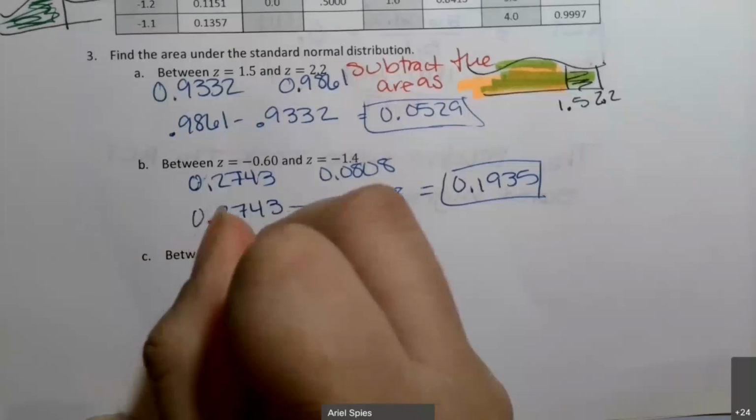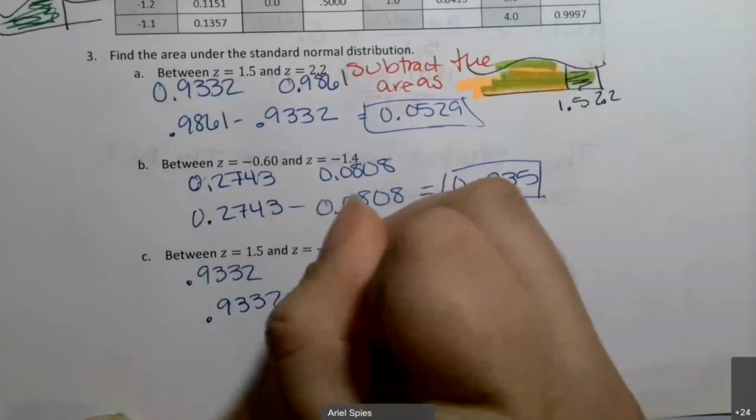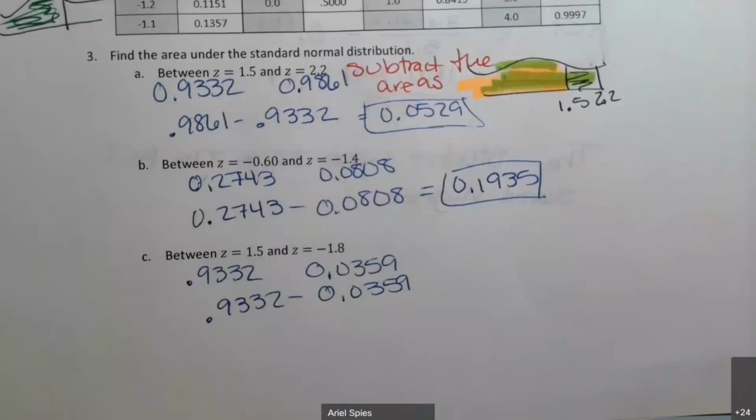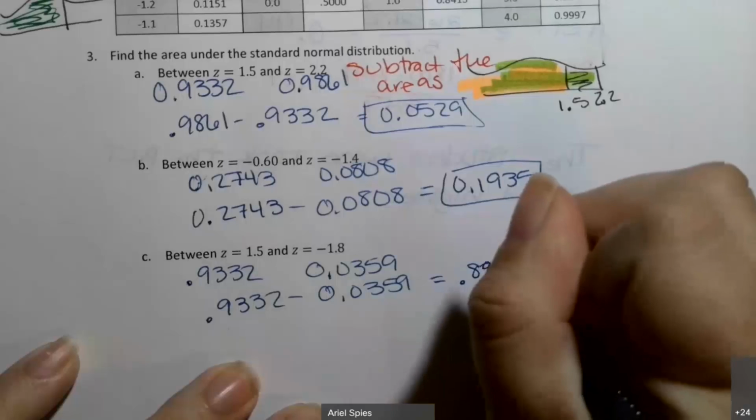So I have 0.9332 minus 0.0359, which gives us 0.8973.